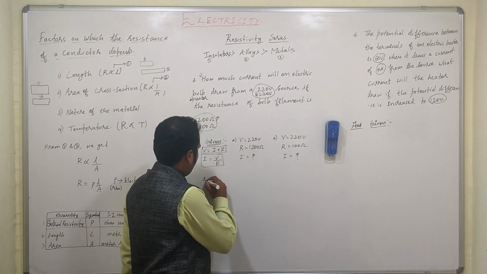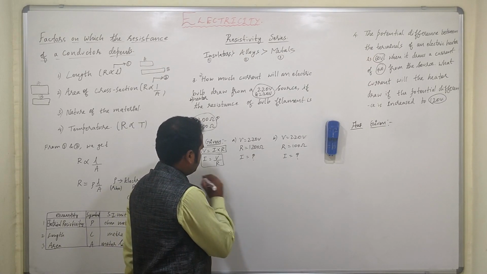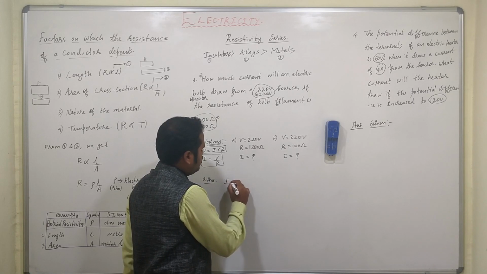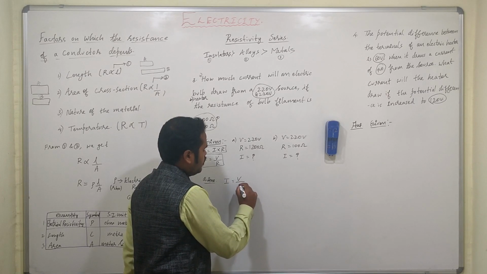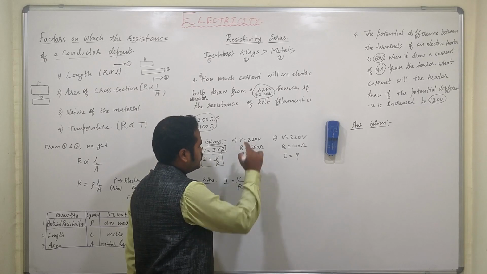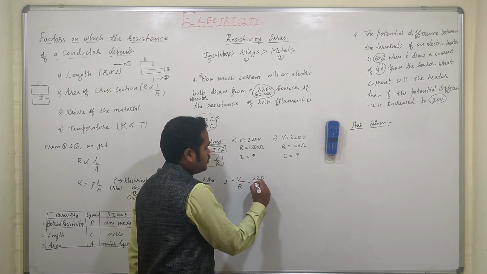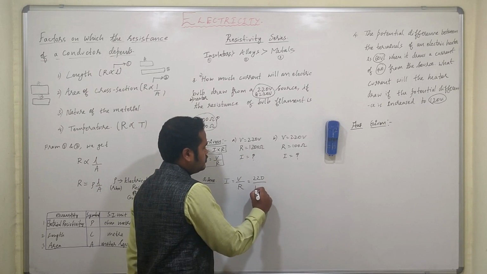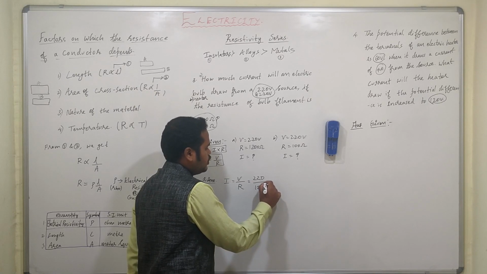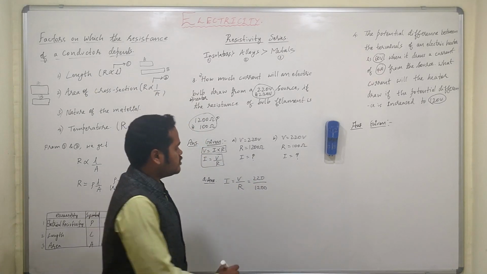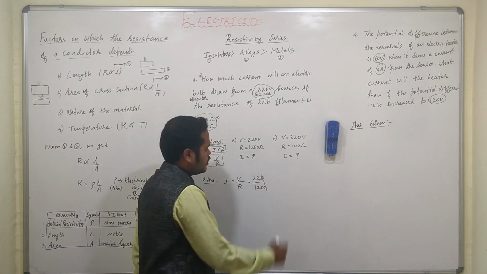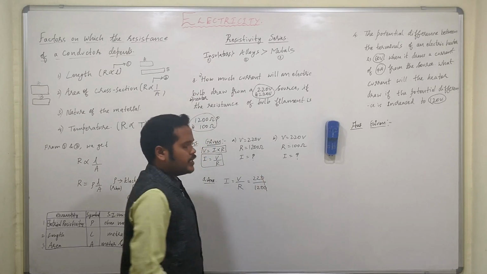A answer. The formula is I is equal to V by R. V for option A is 220. R for option A is 1200. So now we have to divide these both. First cancel the 0. We are left with 22 and 120.